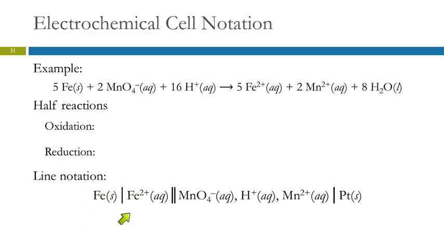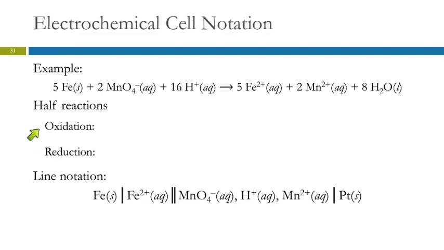What this is telling us is that we've got oxidation occurring here, iron and iron 2 ions, and on the other side, on the reduction side, we've got permanganate ion, hydrogen ion, and manganese 2 ion. Those are all aqueous, and so they're separated with commas. None of them are solids. And so we've got platinum here as the electrode. That could be gold or palladium or anything that's not very reactive.